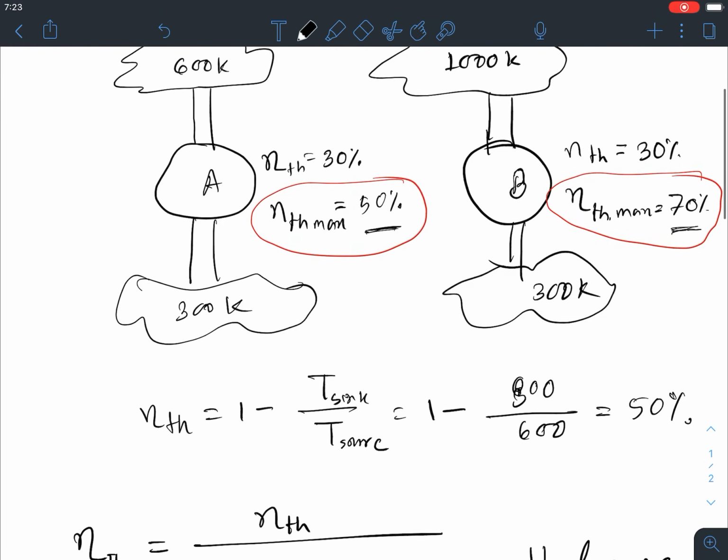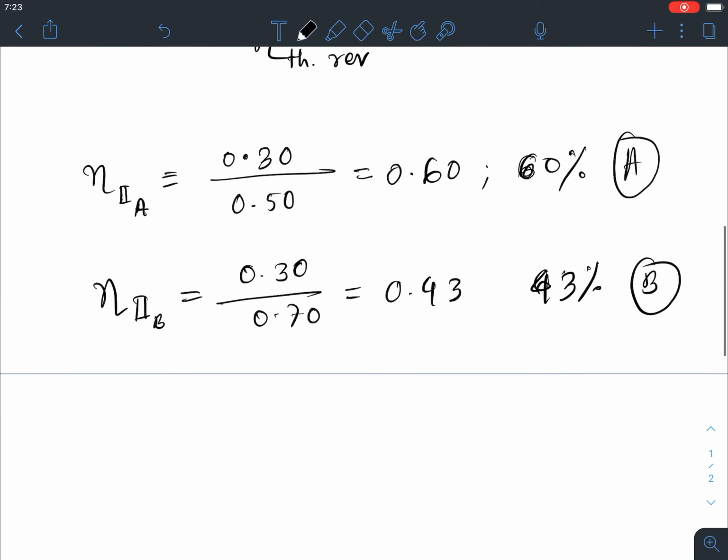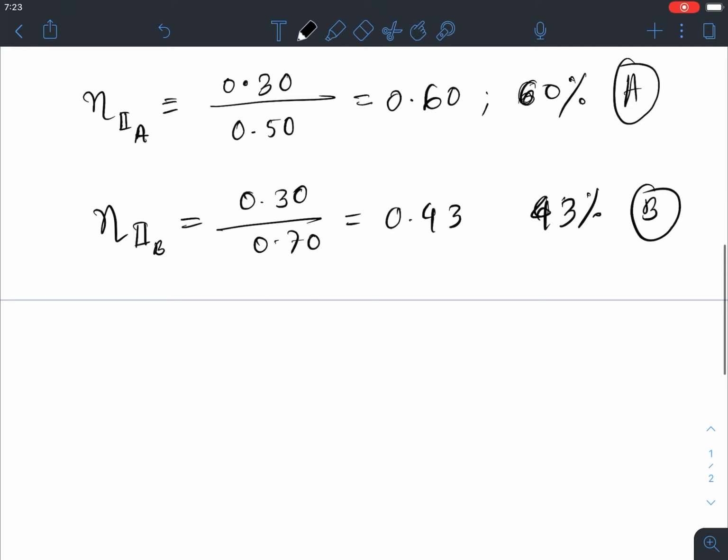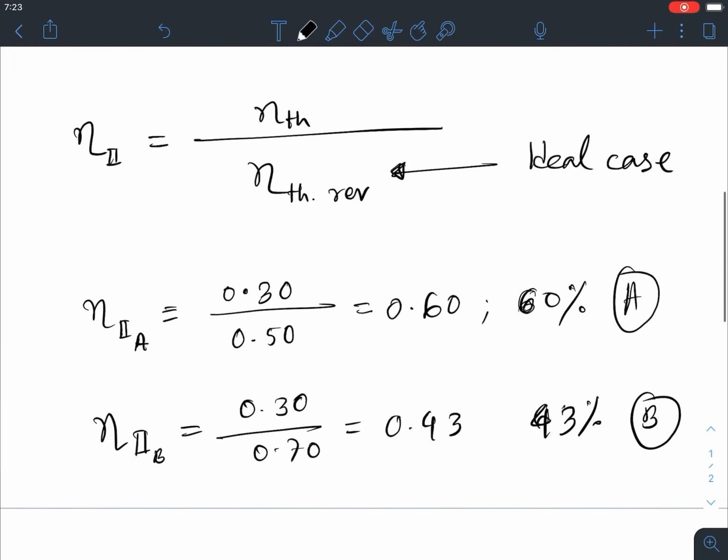So we are getting only 43% of useful work from this device, or only 43% of energy from this system. However, the ideal case is telling us that it will produce up to 70%, which is kind of misleading.